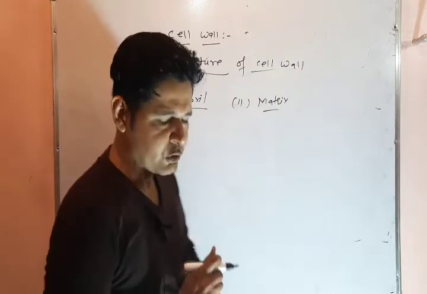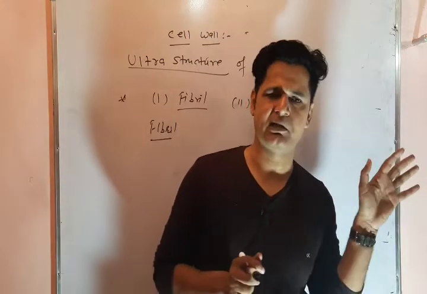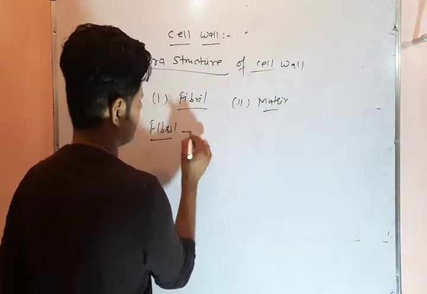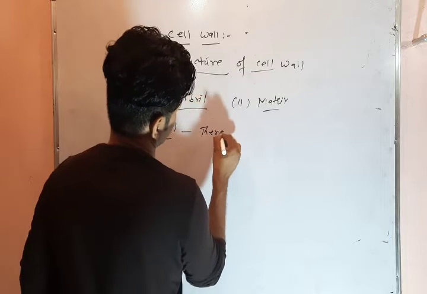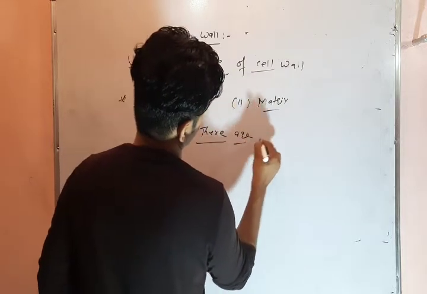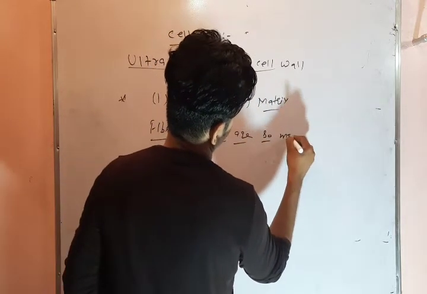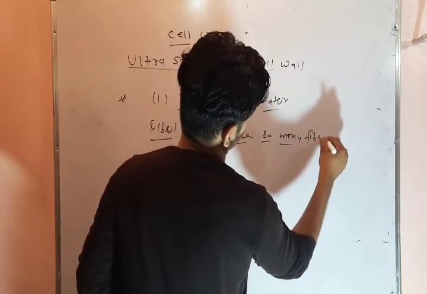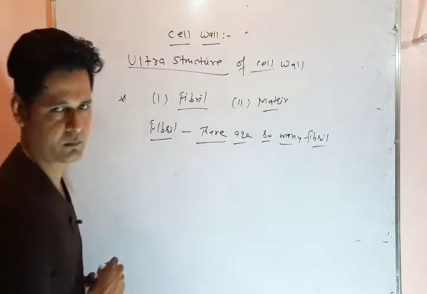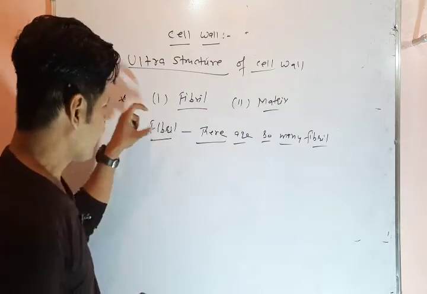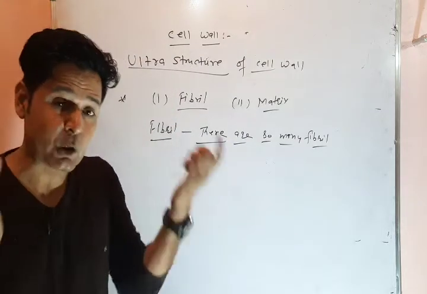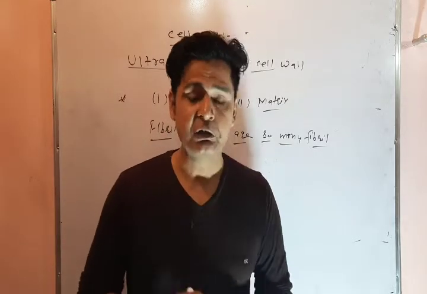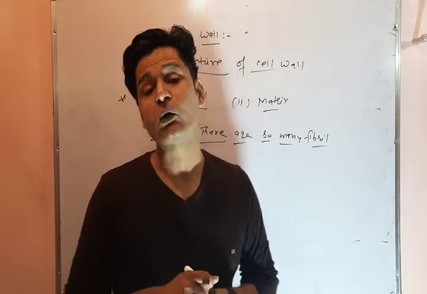In the cell wall, there are so many fibrils. A fibril is composed of macrofibrils, meaning in one fibril there are so many macrofibrils.